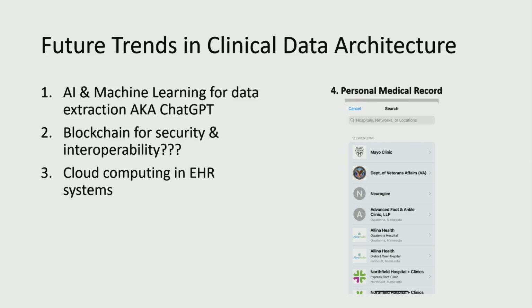Would it be nice if you could ask a database in natural language, I want the data for septic patients from January to 2025 in this specific unit, and please export this to me in Excel format? That's very close, but we are not there yet.